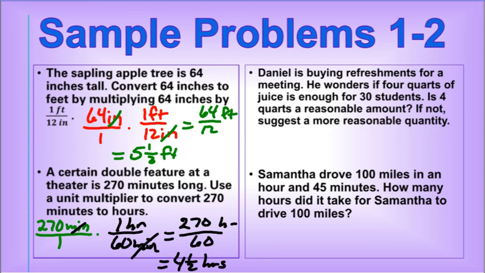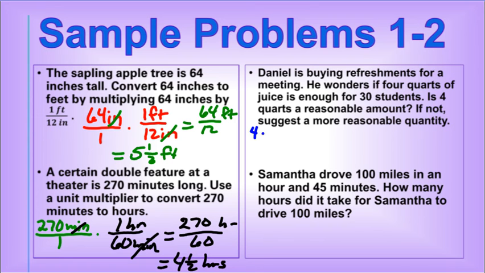Next one, Daniel is buying refreshments for a meeting. He wonders if 4 quarts of juice is enough for 30 students. Is 4 quarts a reasonable amount? If not, suggest a more reasonable quantity. So to solve this one, we need to find out how many ounces 4 quarts would be.